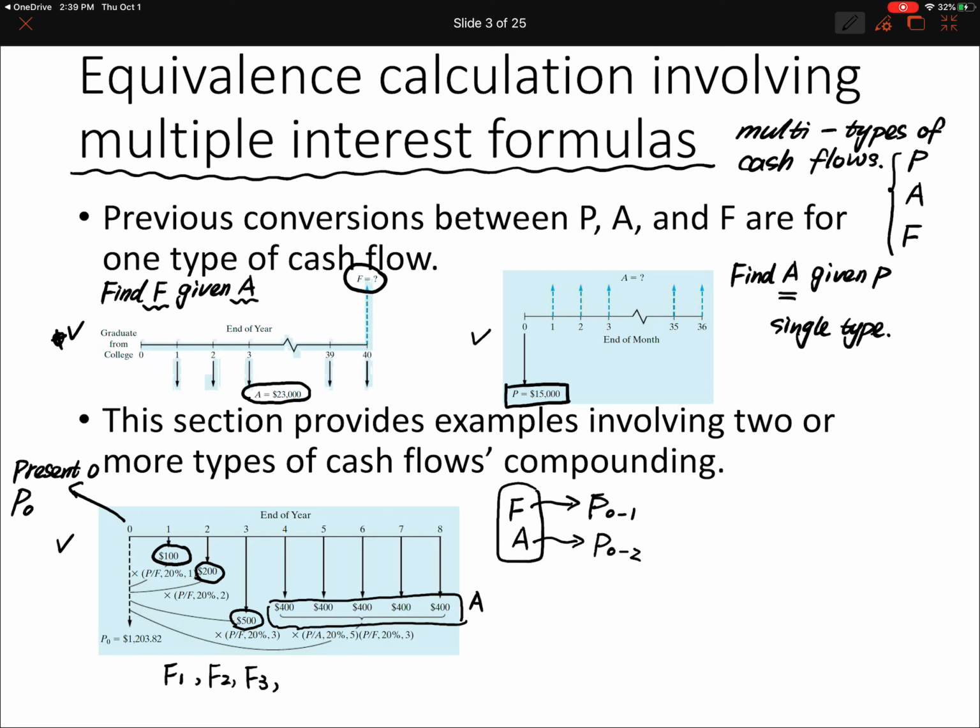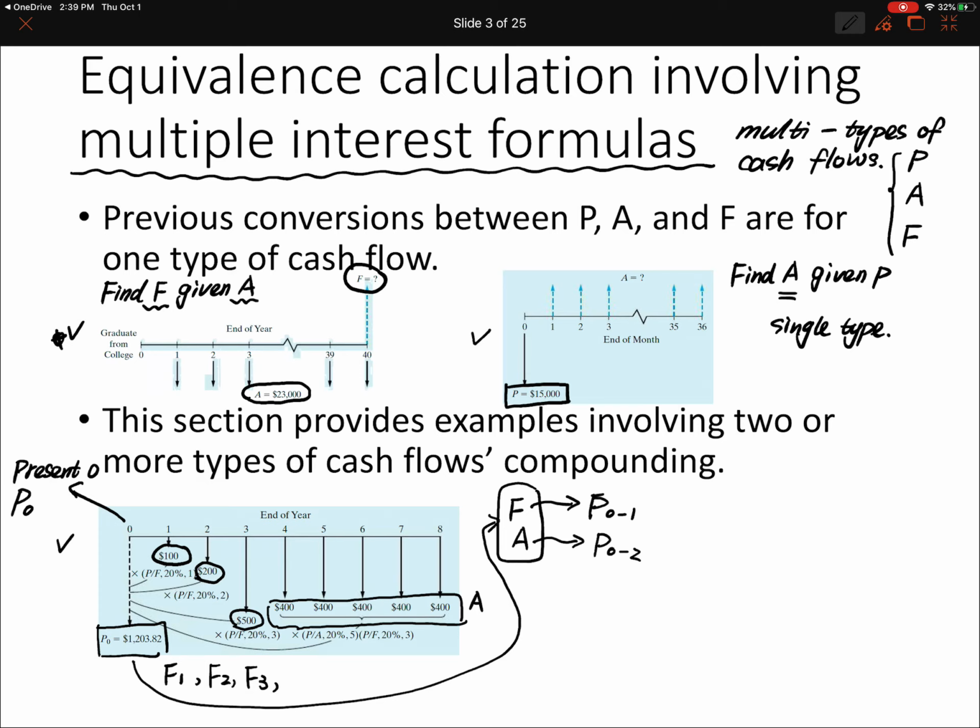Okay, so in the end, if we want to know the total present value converted from the future values and the annuity values, then we need to know that it is from two parts. One part is from the future values, F1, F2, F3.